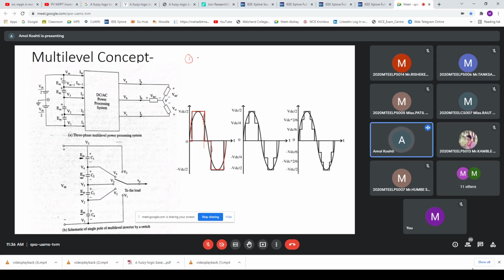The switching frequency of one switch in the two-level inverter is very high, so switching losses are produced, and we have to avoid this. That is the reason we go for multi-level inverter circuitry.